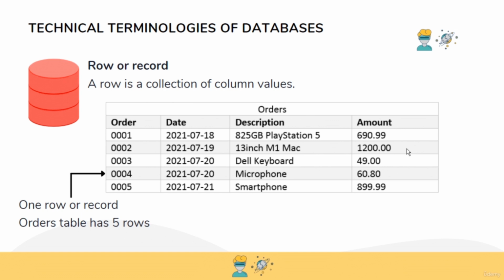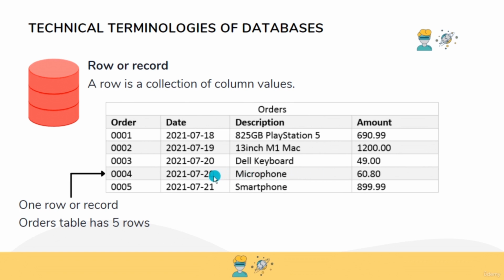Row or record. A row is a collection of column values. A row is all the column values that you're going to find on a row, as its name says. For example, here I have one row or a record. This row has values that correspond to columns. This one is the order value, the date value, the description, and the amount value.